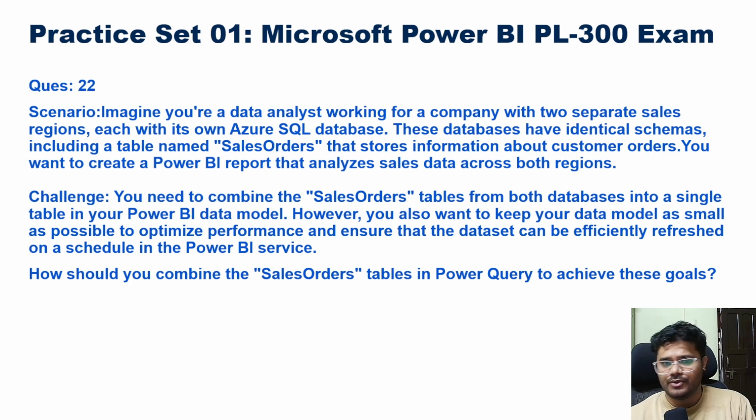The challenge is you need to combine the sales orders tables from both databases into a single table in your Power BI data model. However, you also want to keep your data model as small as possible to optimize performance and ensure that the dataset can be efficiently refreshed on a schedule in the Power BI service. How should you combine the sales orders tables in Power Query to achieve these goals?